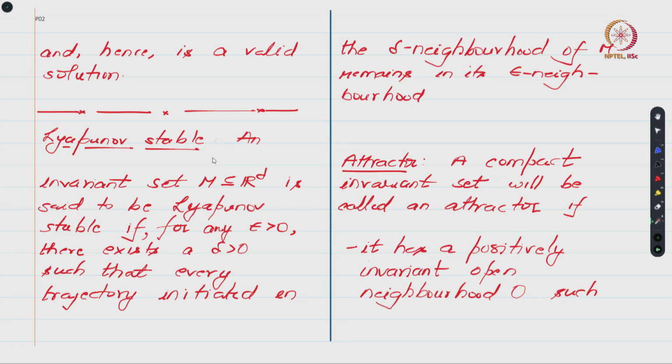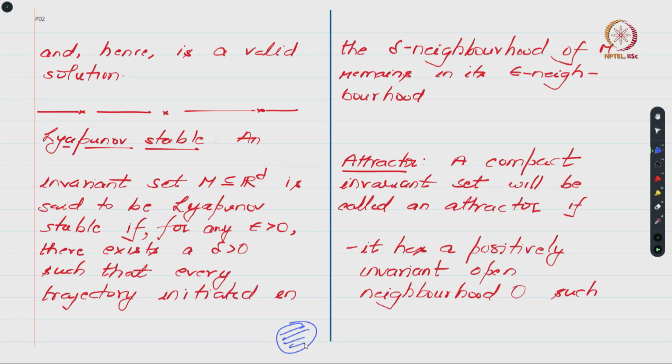We will say an invariant set M is Lyapunov stable if for any epsilon greater than 0 there exists a delta greater than 0 such that every trajectory that is initiated in the delta neighborhood of M remains in its epsilon neighborhood. What it means is that let us say we have a set M like this.